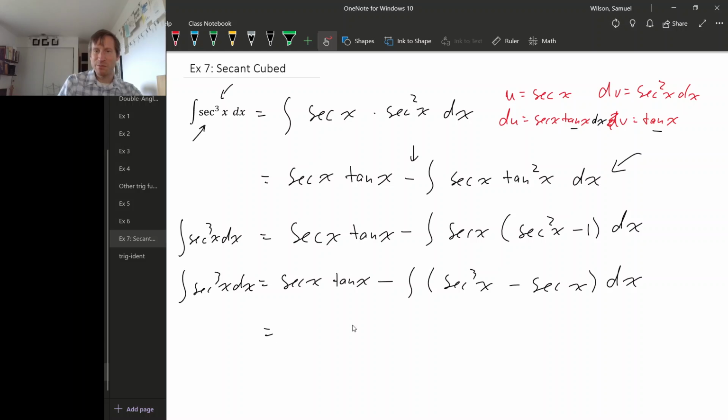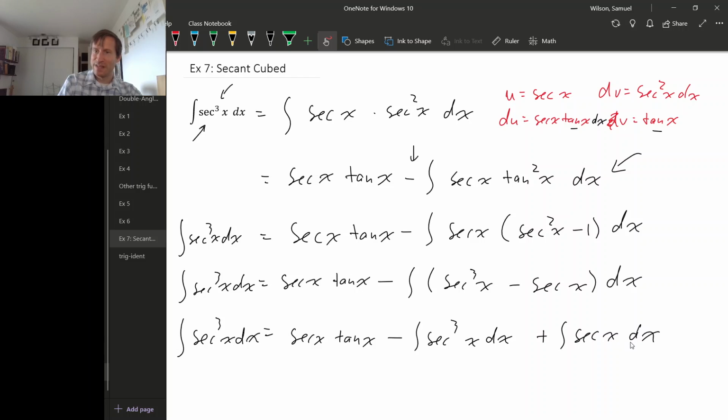Okay, now let's break up this integral on the right hand side. So the integral of secant cubed x dx is equal to secant x times tangent x minus the integral of secant cubed x dx plus the integral of secant x dx. All right, now finally we can take this negative secant cubed integral and move it to the left.